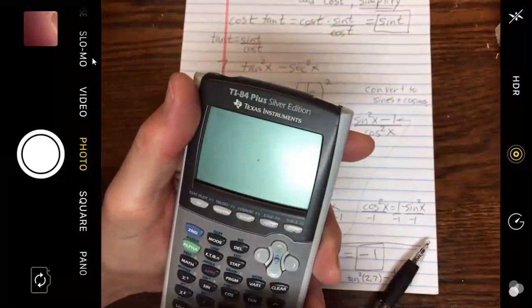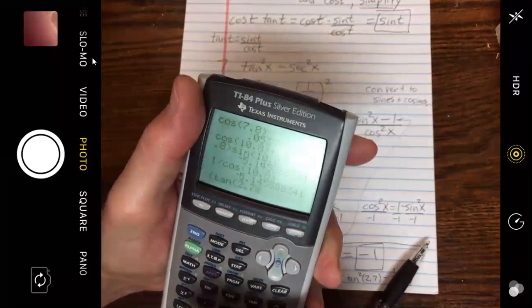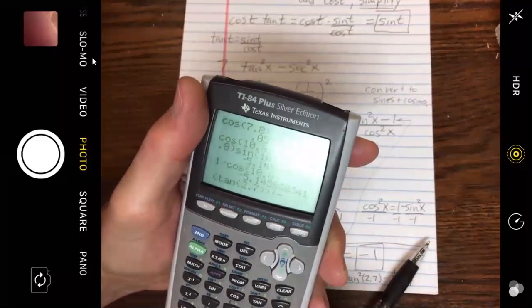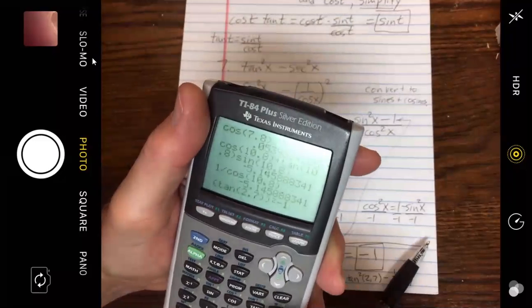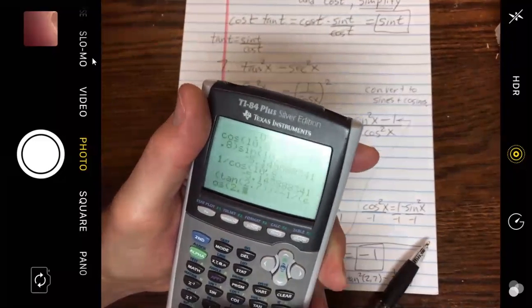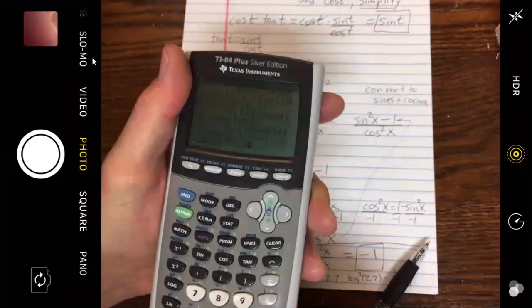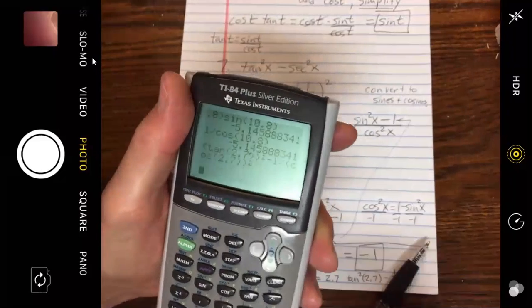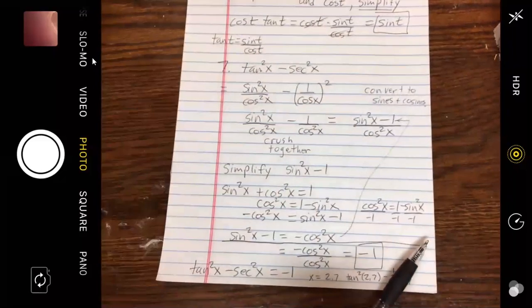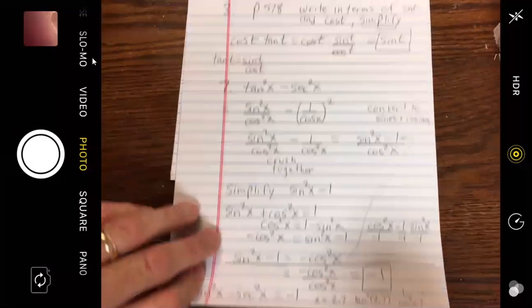Okay, you punch it again: parentheses, tan 2.7, close, and squared, and subtract. I have to square the 1 divided by, parentheses, cosine 2.7. Square that. Drum roll, better come up -1. There it is. I don't know if that proved anything to anybody or only to me.